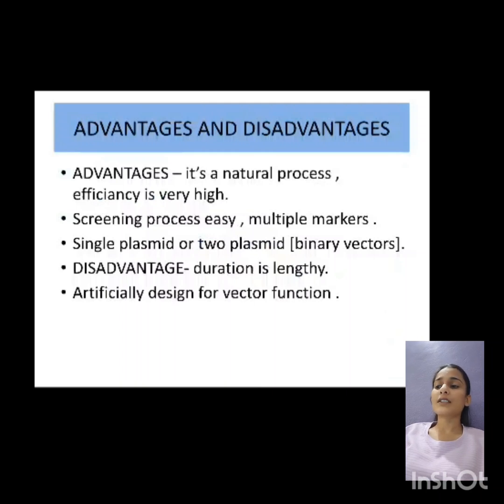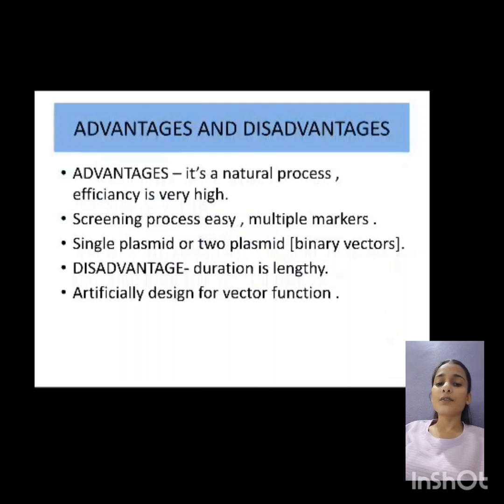Another advantage is that we can use a single plasmid or two plasmids, like binary vectors, which ultimately also increases the efficiency. Next, the disadvantages are fewer. The duration is lengthy as compared to other vectors. The other disadvantage is that it must be artificially designed for vector function.